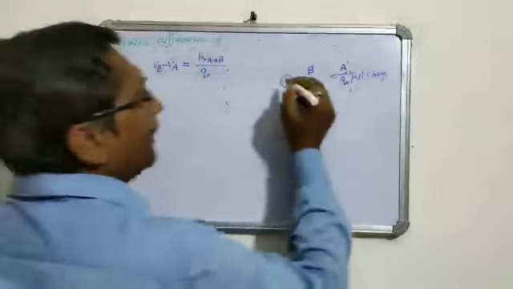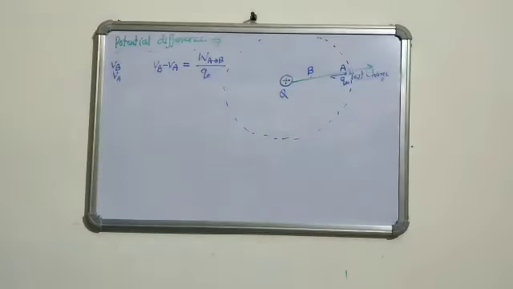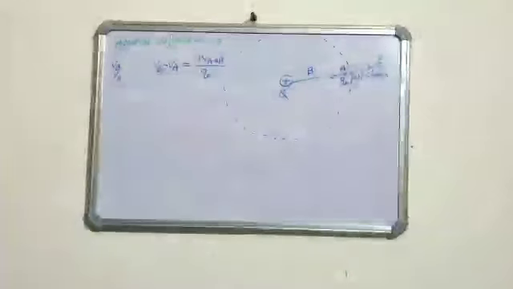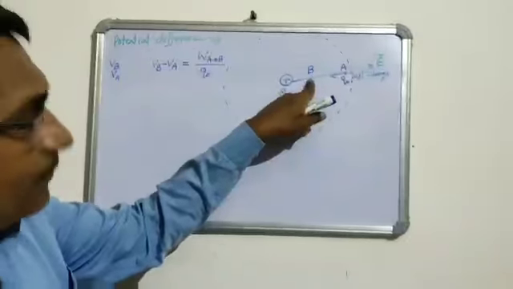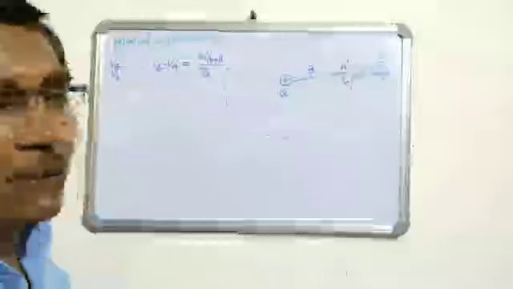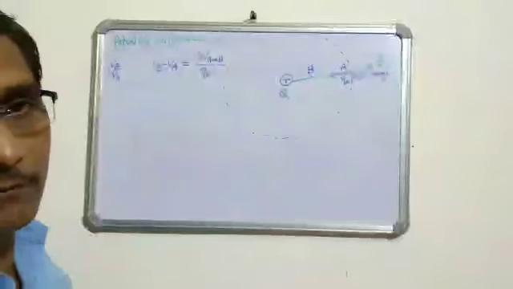Because the electric field is applied by this charge in this direction. This is the direction of the electric field. So bringing a test charge from one point to another in the opposite direction of the electric field gives the potential difference between 2 points.